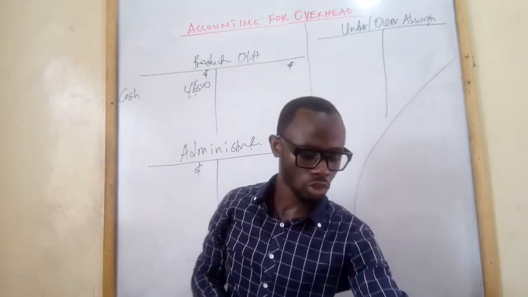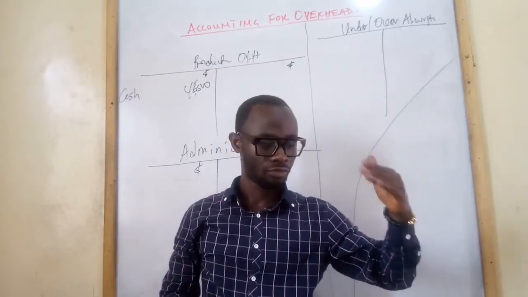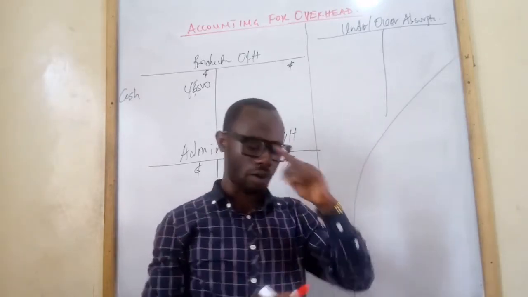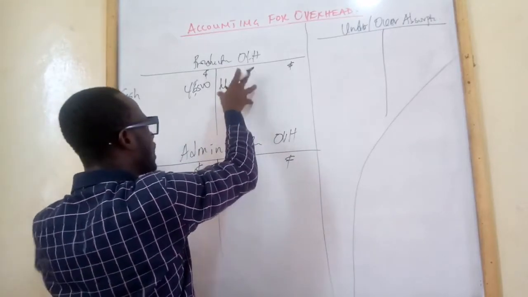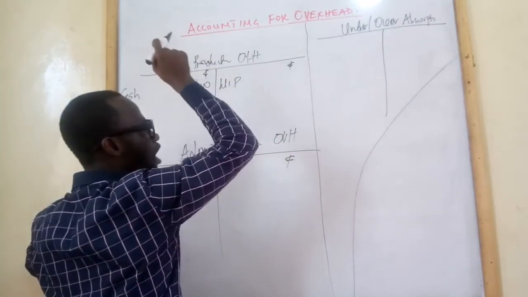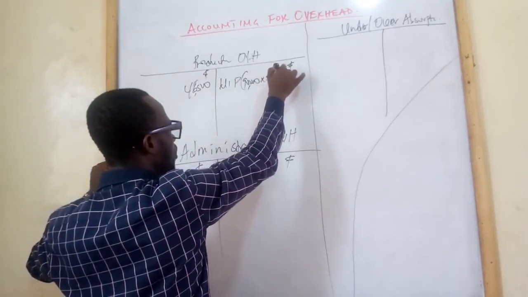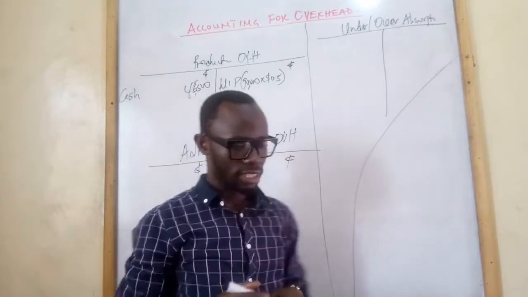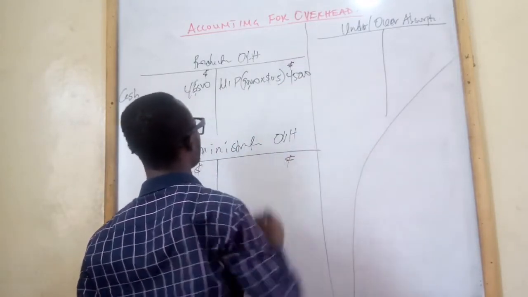Why? Because we are told that production overheads is absorbed at 0.5 per the operating hours. So work in progress will take a share of this production overheads, and that's going to be 90,000 by $0.5.